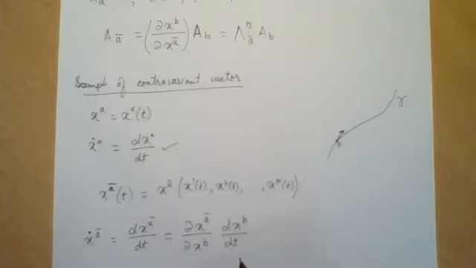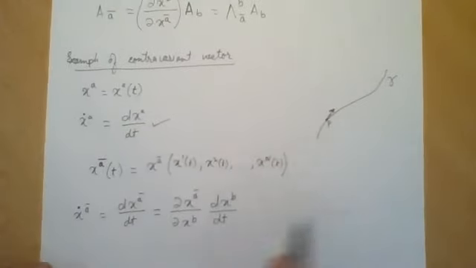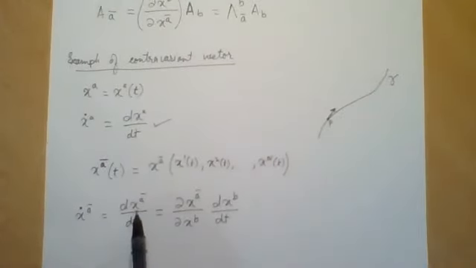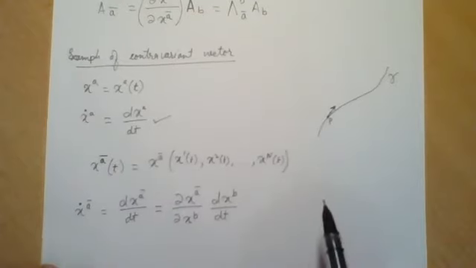This is what we get from the chain rule of differentiation: the partial derivative of x a bar with respect to xb, then dxb with respect to dt, and summation over all possible values of b.